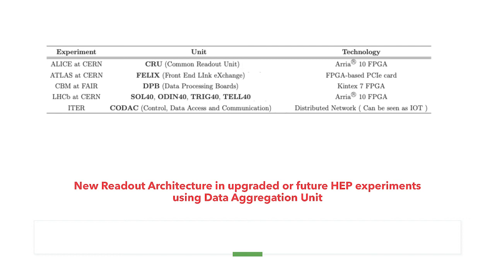And the fifth one is ITER. ITER is a Tokamak, a fusion reactor coming up in the south of France. If this experiment goes well, then we will have clean energy in the future. It is a controlled fusion reactor, a Tokamak. It uses something called a distributed network, which I haven't covered in this topic.